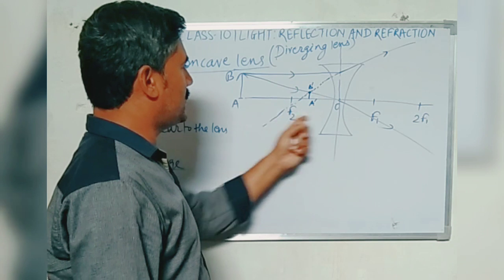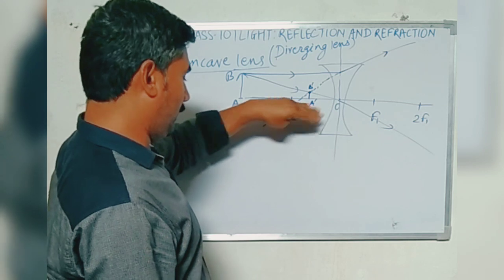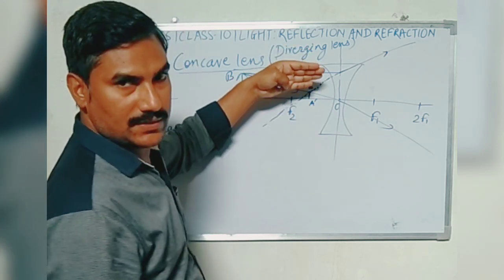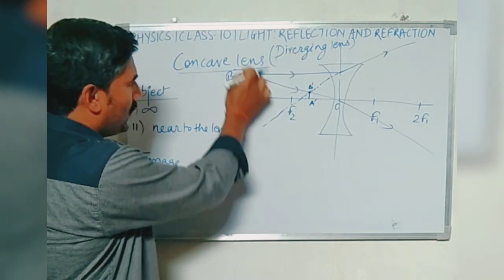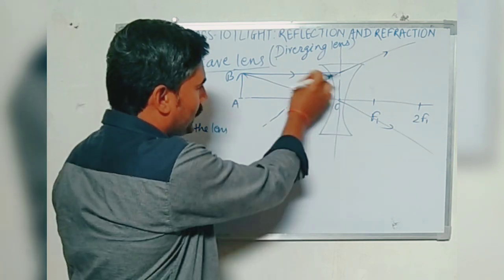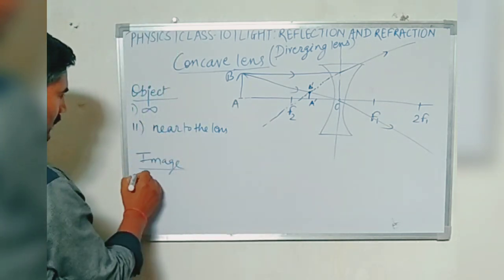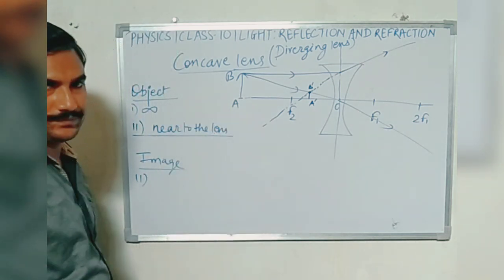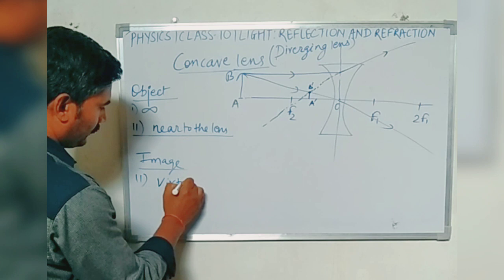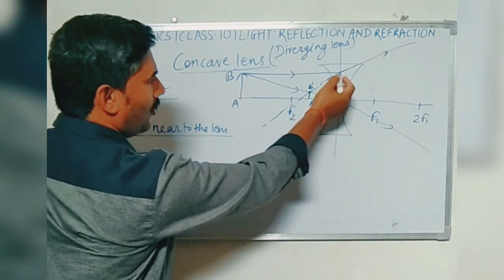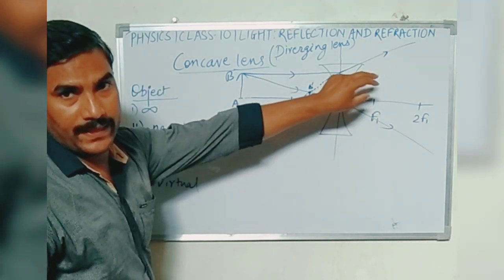The nature of this kind of image is virtual, and since it is above the principal axis, it is erect or upright. As you can see, in comparison to this object AB, the height or size of this image is diminished. So we can say in this case the image formed is virtual, since it is not formed due to the real intersection of the lines.